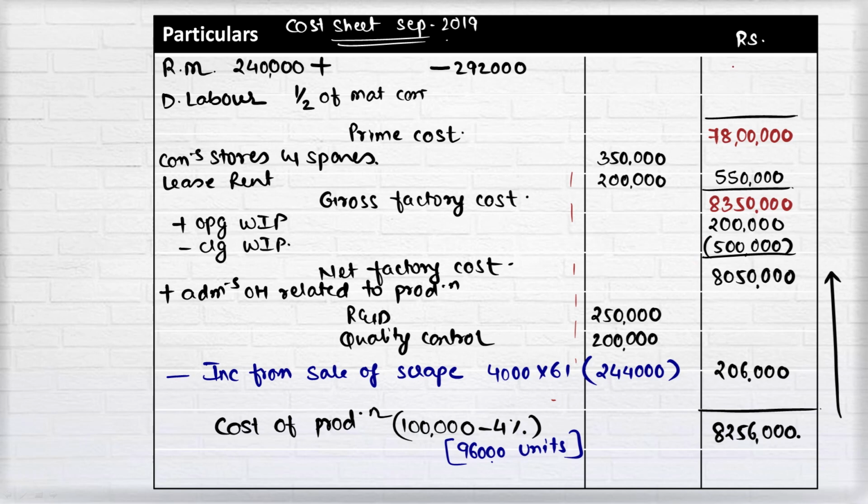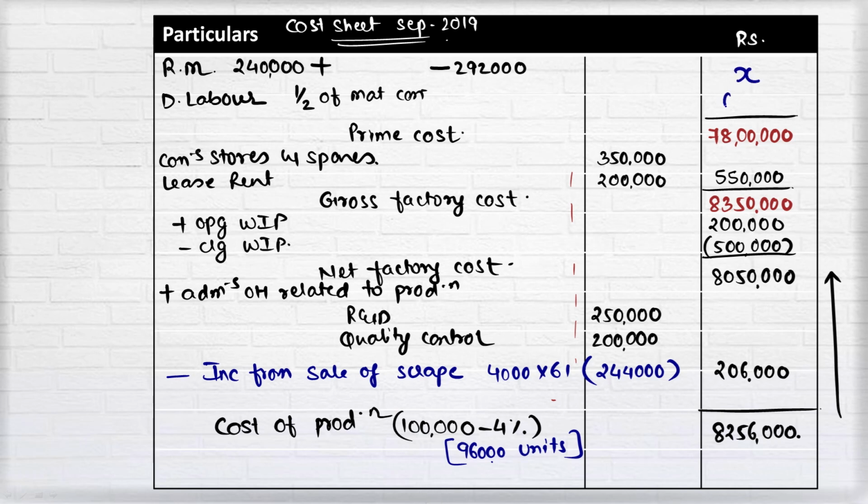If I assume this as 2x, please concentrate. This is half. All of you agree? If I assume that raw material is 2x, then labor is x. All of you agree? All right. Sir, why not assume this as x? Can you assume this as x?